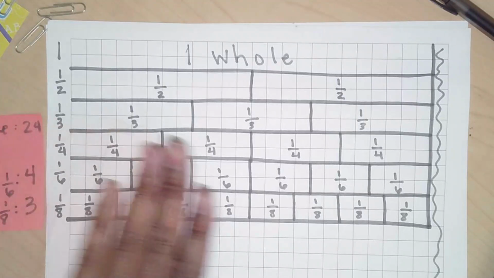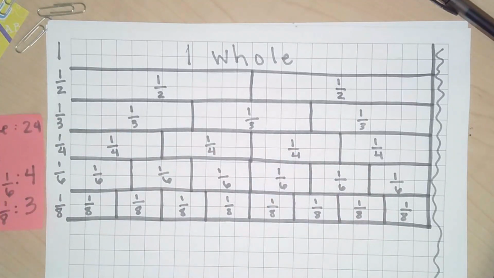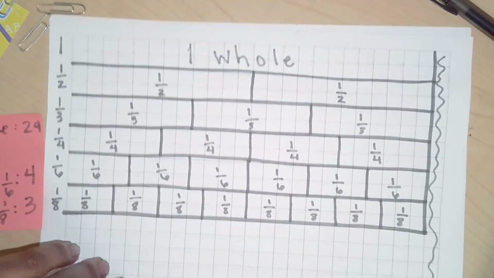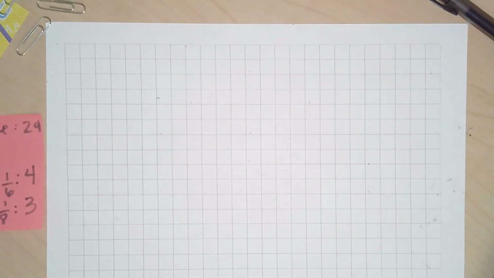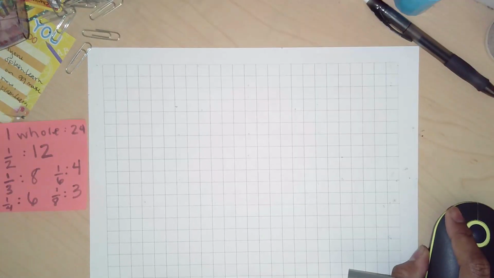So this is a nice, clean, finished one. However, theirs may not look so nice and perfect as they're making it. So they're going to have to do their own dots and lines and such. But as we get started with this, the first thing we're going to do is mark our one side down, because we don't need that last square.